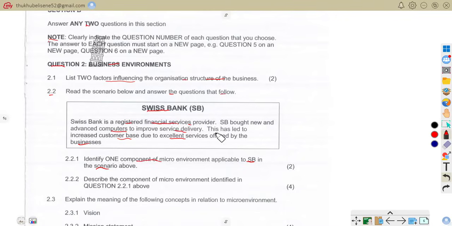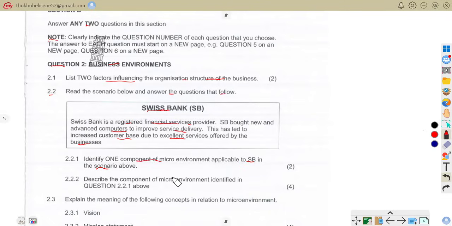Remember, we have said that microenvironment is found within the business, and the business has full control over it. We talk of employees, vision and mission, and organizational resources. Those are the components of microenvironment.